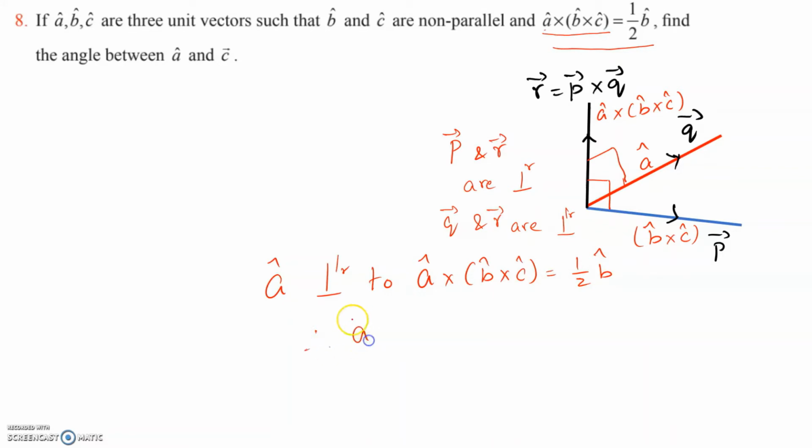Therefore, our A cap is perpendicular to B cap. So what does that infer? That A cap dot B cap will be equal to 0. So keeping this in mind, we will proceed into solving the problem.